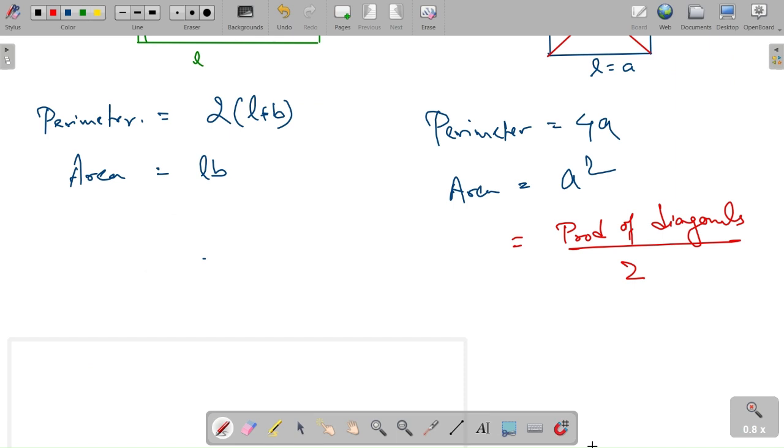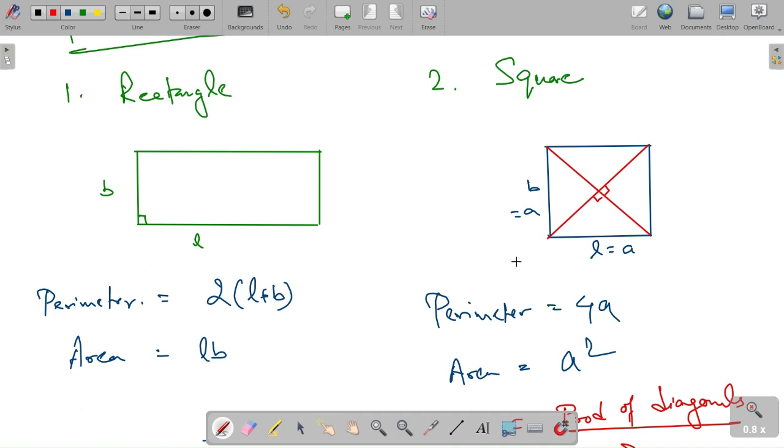Why? Because in a square, if this side is A and this side is A, say this is A, B, C, D, if AB is A and BC is A, what is the length of AC? Anushka, can you tell me what will be the length of AC in terms of A? No, sir, I can't.